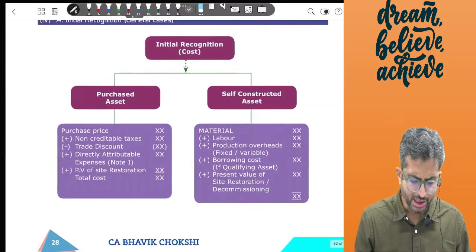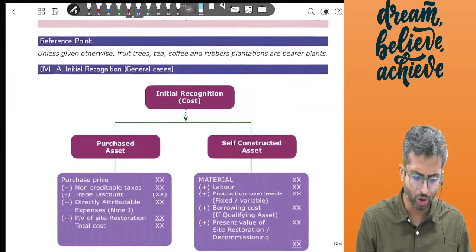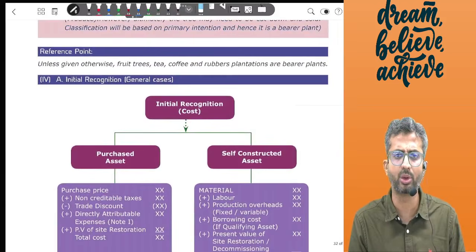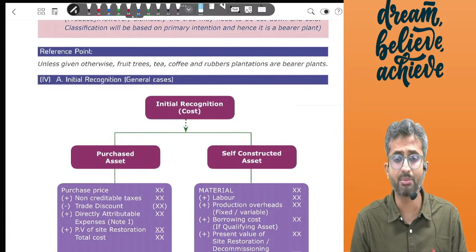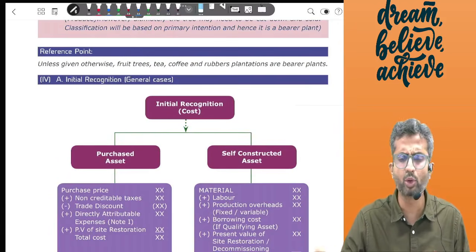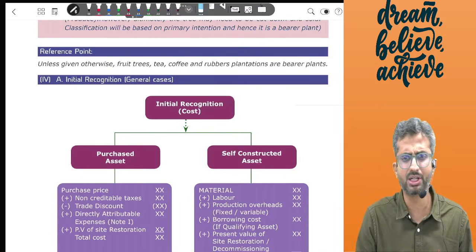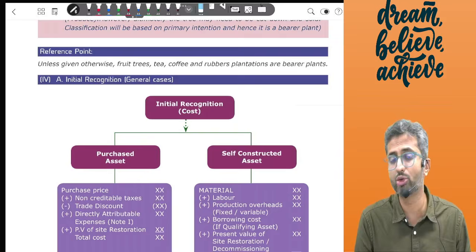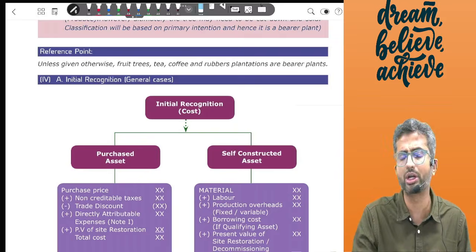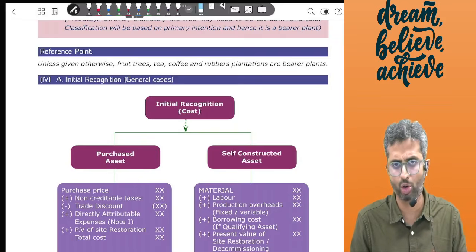Okay, so this covers your biological assets. You will do that at length when you do IND AS 41. Generally bearer plants are usually fruit plantations, or tea, coffee, rubber plantations. For other items, the institute should ideally give you guidance on the nature of the plant, and accordingly you can decide whether it is bearer or non-bearer.